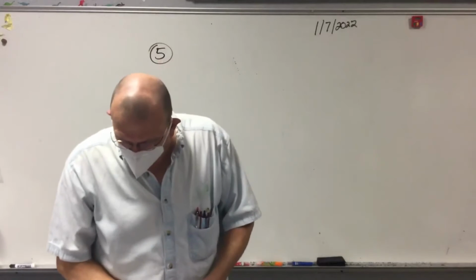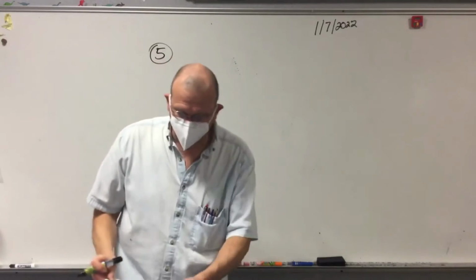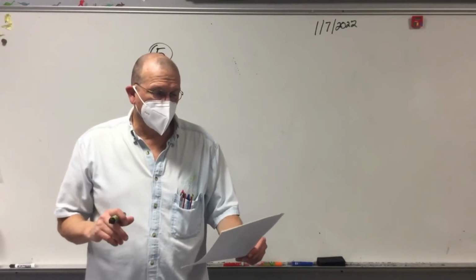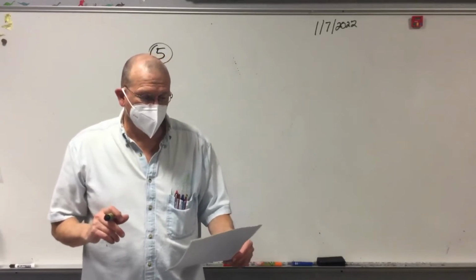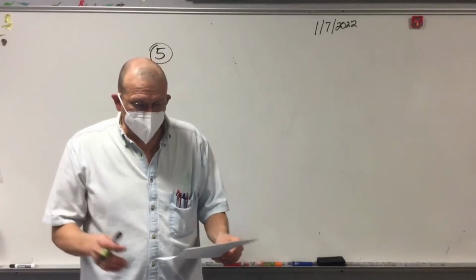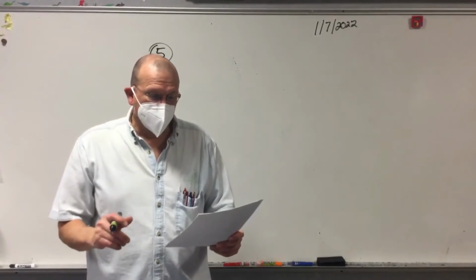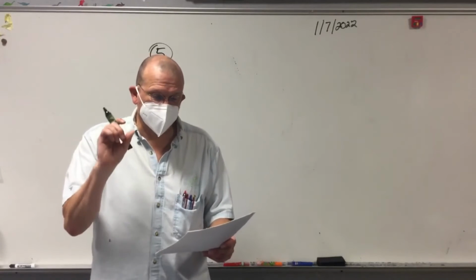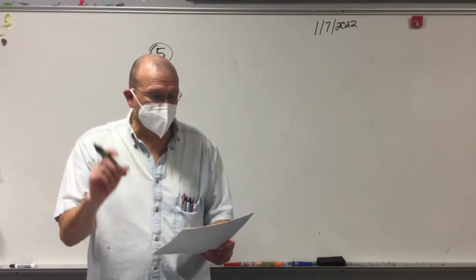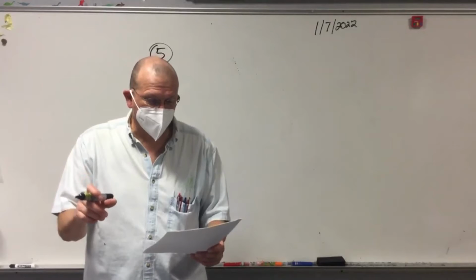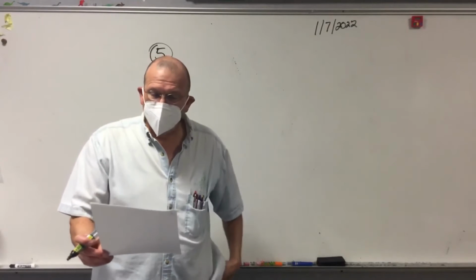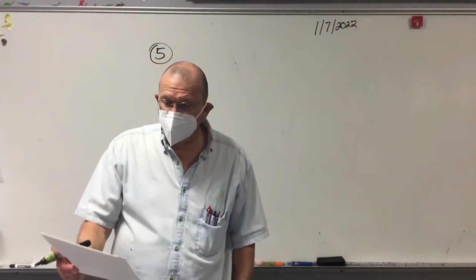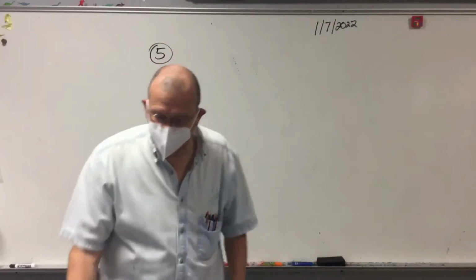So for number 5, it says they have a tower that is 22.13 meters tall, and it's built of Legos. Let's suppose one of the little Lego blocks that has a mass of 2 grams is dropped from the top of the tower, and we're going to ignore air resistance, and we're supposed to calculate the Lego piece's momentum at the instant the piece hits the ground.